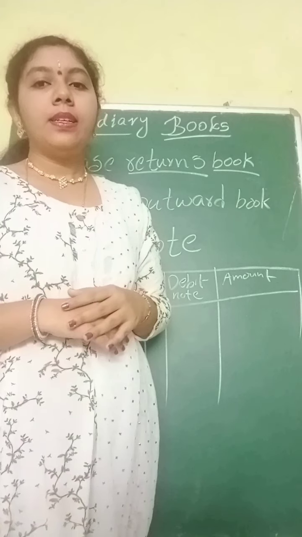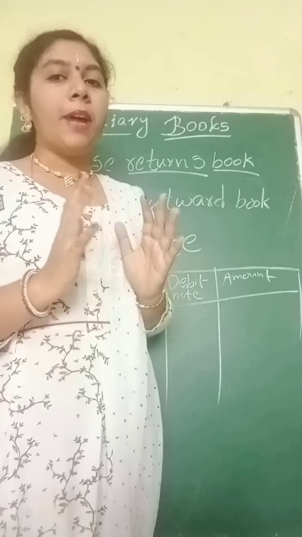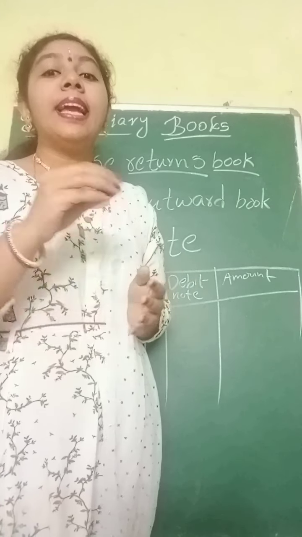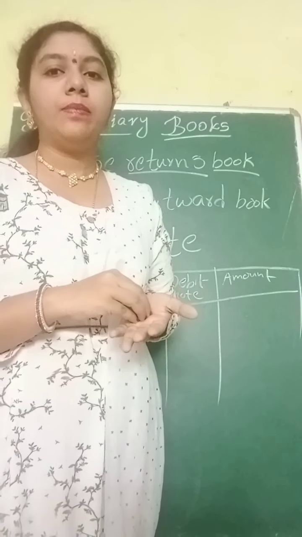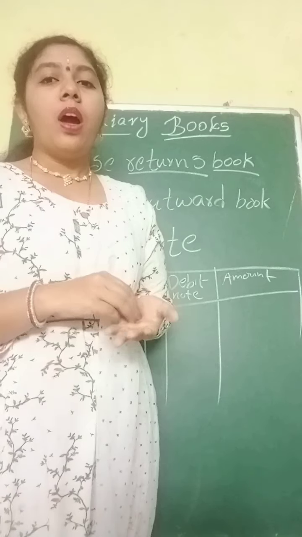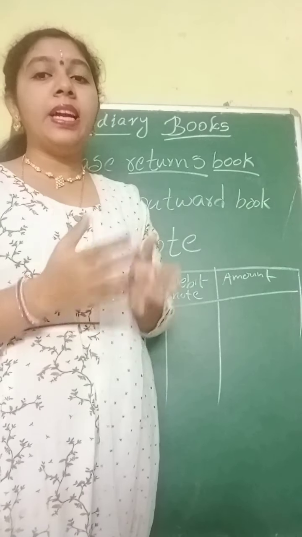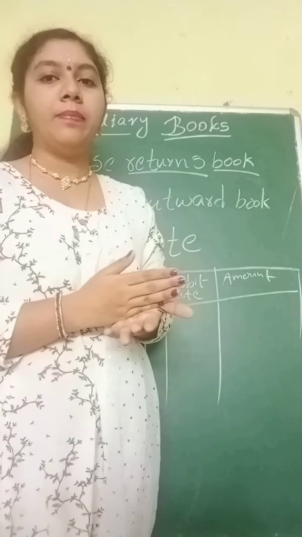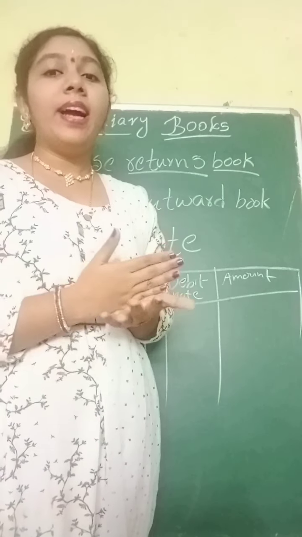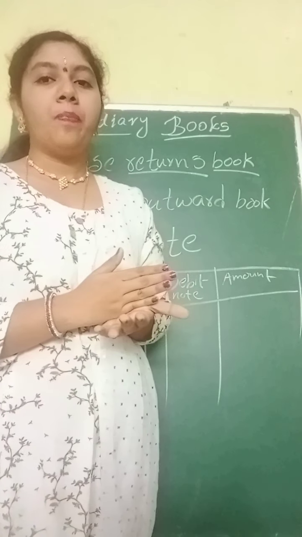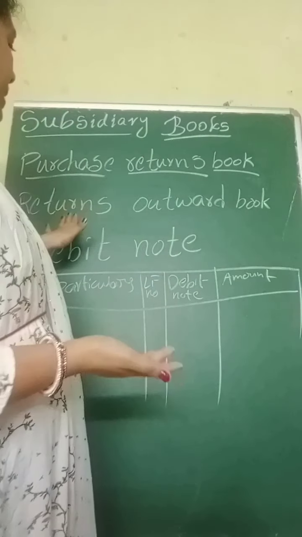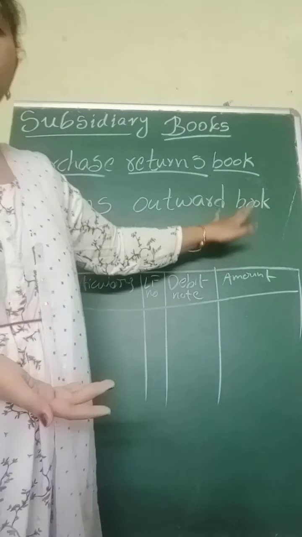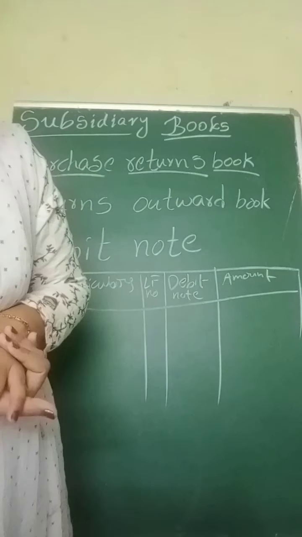Mostly purchase returns are held on credit purchases only, so obviously we write only the credit returns, not the cash returns. This is also known as the returns outward book.